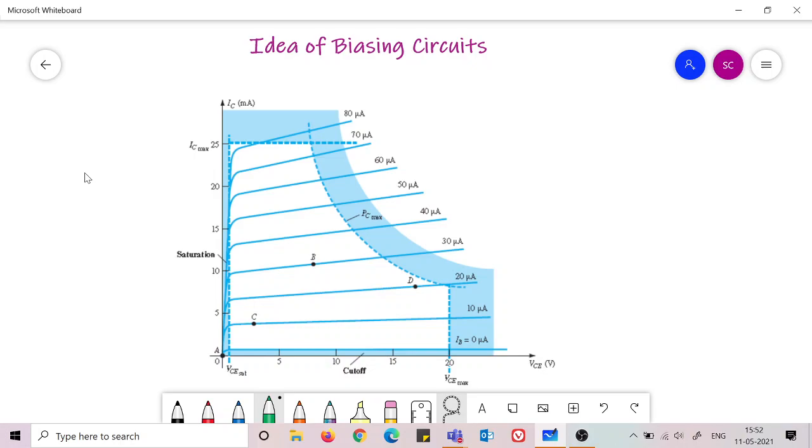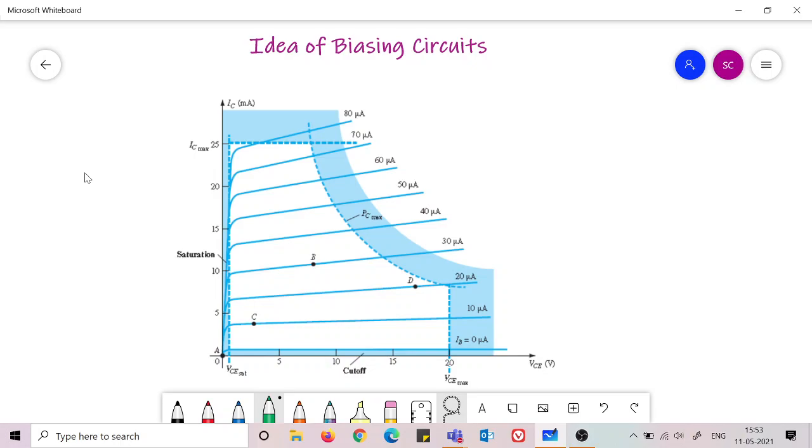The network in which it is employed, those network parameters determine the operating point of the transistor. We saw this by changing the resistances. We saw that we can make hard saturation also. It is also possible to make it operate in the saturation region, to make it come to the active region, to make it go to the cutoff region. So these are done by the network elements and network sources, the resistances, voltage sources, etc.